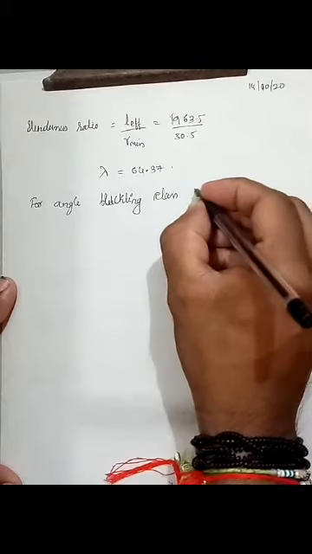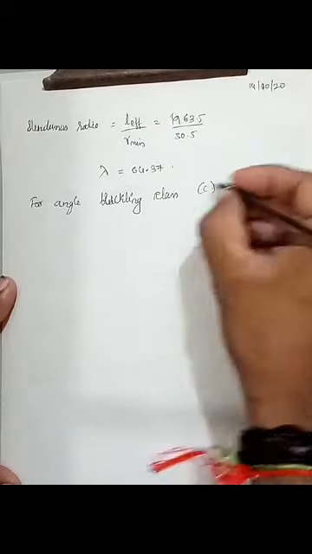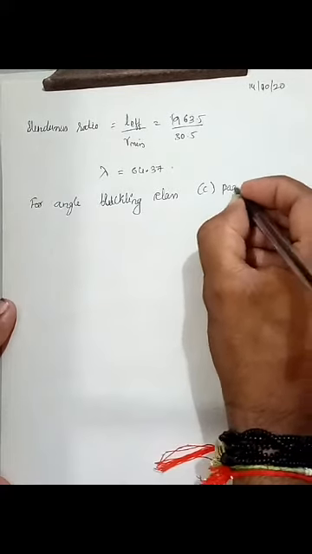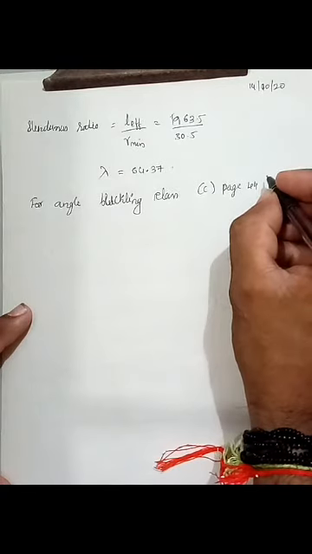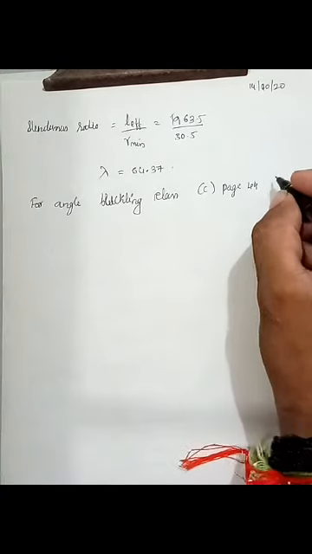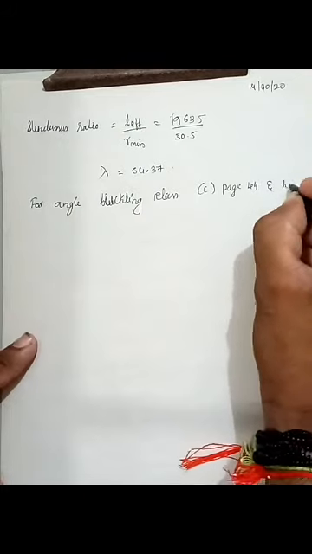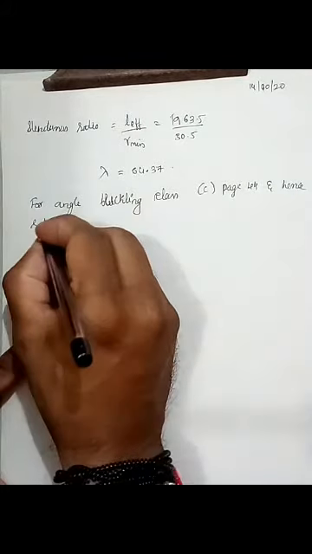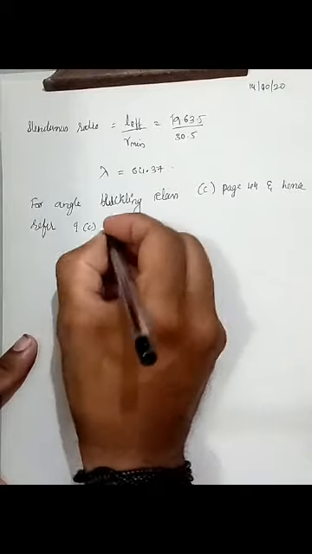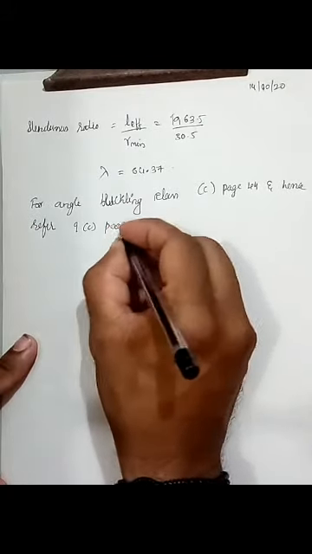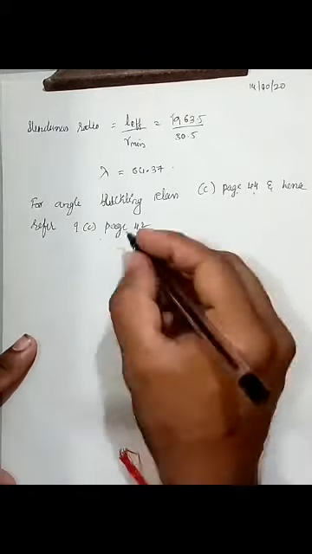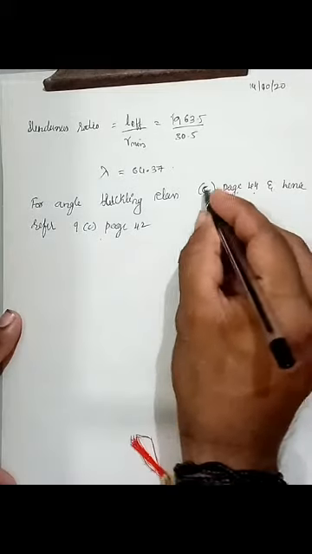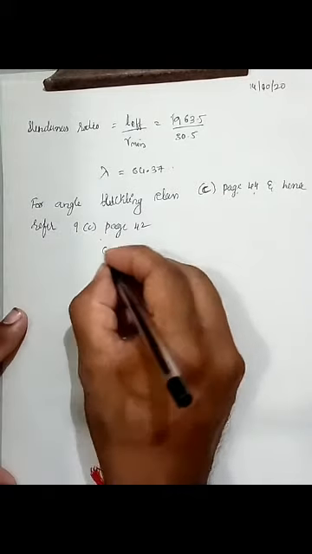Buckling class C, page 44, and hence refer Table 9C, page 42. So for this buckling class C you can get it from page 44, and from page 42 you can check out the Table 9C.